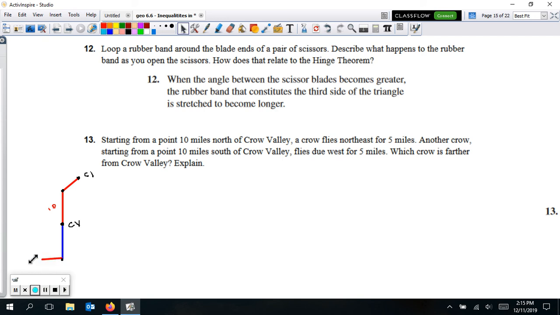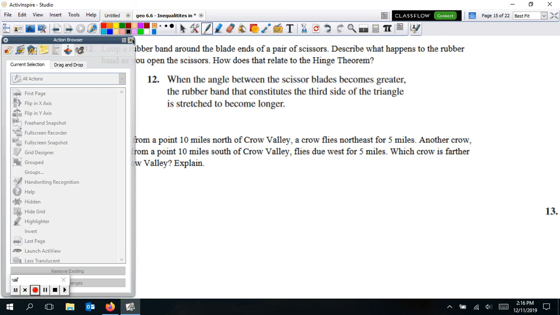There we go, straight, kind of like that. So now that's gone due west. Now our question is, which crow, so this is crow number 2.